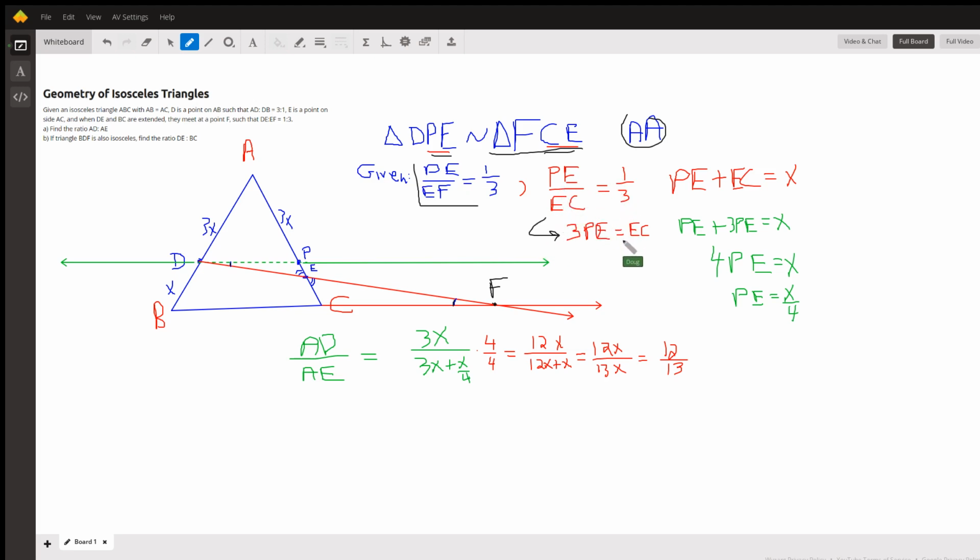3PE equals 1EC. And also because E is between P and C, at least in this case that I'm demonstrating here, PE plus EC equals X, or PC. And this is the distance X right here, which corresponds to this X over here.